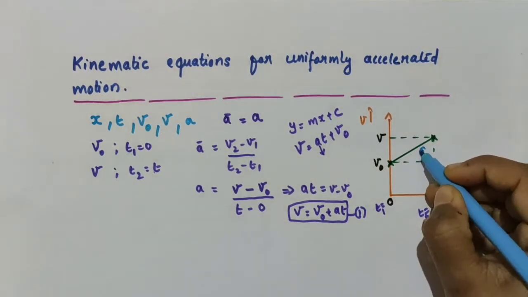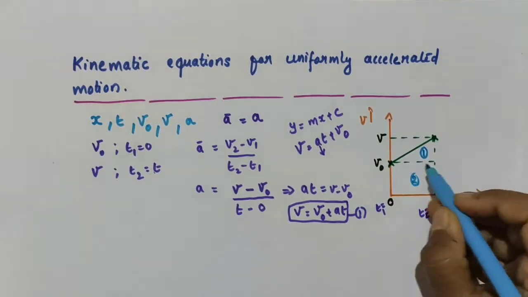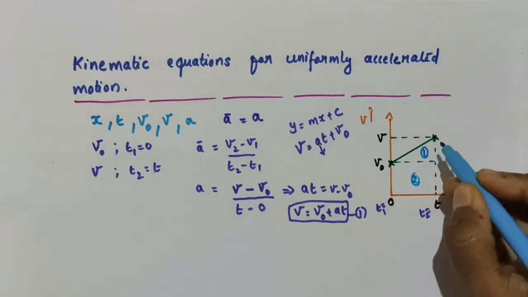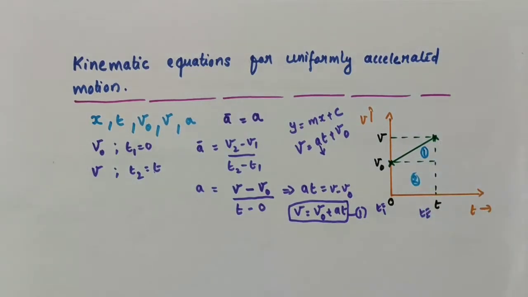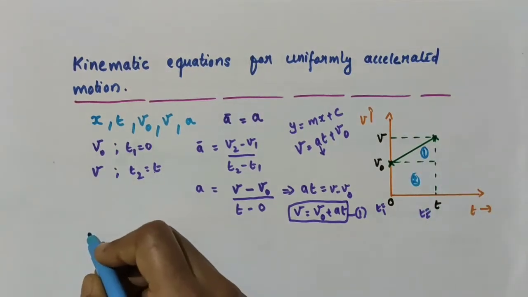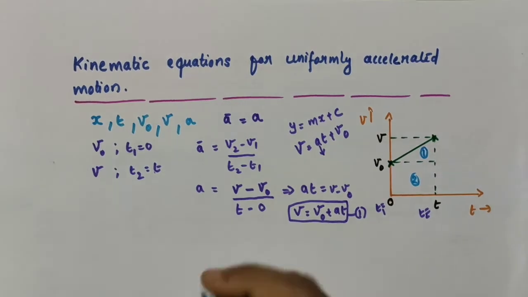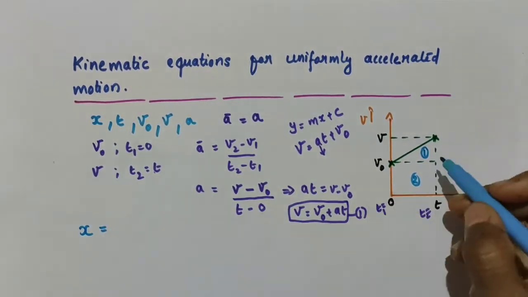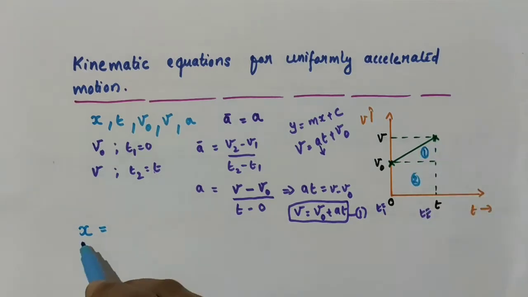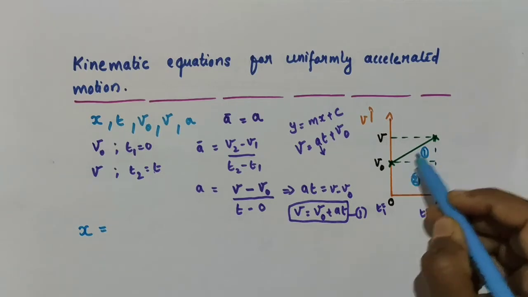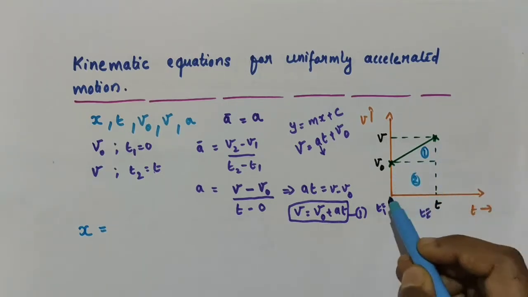So the area of this triangle plus the area of this rectangle will give you the area under the velocity time graph, which is the displacement x.